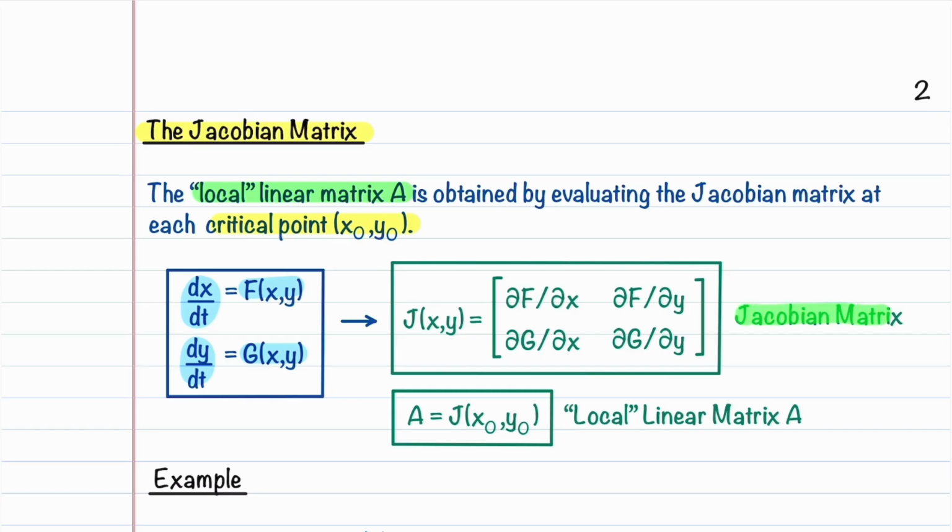The Jacobian matrix J of x, y is defined to be the partial derivative of f with respect to x and the partial derivative of f with respect to y on the top row, and then the partial derivative of g with respect to x and the partial derivative of g with respect to y on the bottom row. Matrix A, our local linear matrix, is the Jacobian evaluated at each critical point.